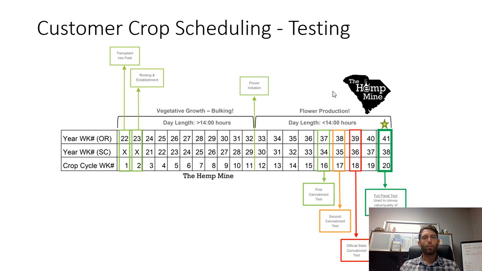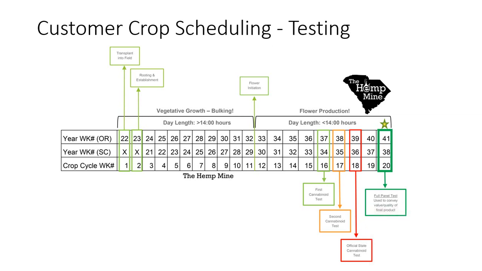But ultimately, what we would do for each of our customers is create a schedule like this for you after we're on the same page with what genetics you want to use for what purpose and at which location. We create a crop schedule for you, helping you understand when you need to plant, when these plants will go into flower initiation, and when you should start testing, and give you all of the proper information for how to test, how to sample, where to send your samples, all of that.